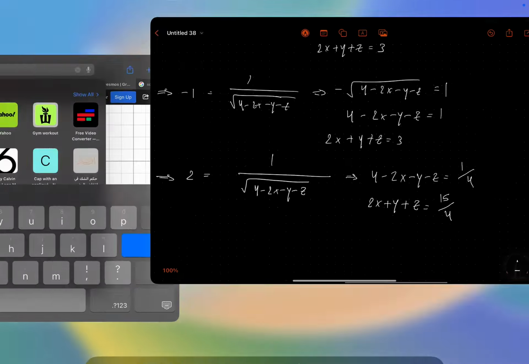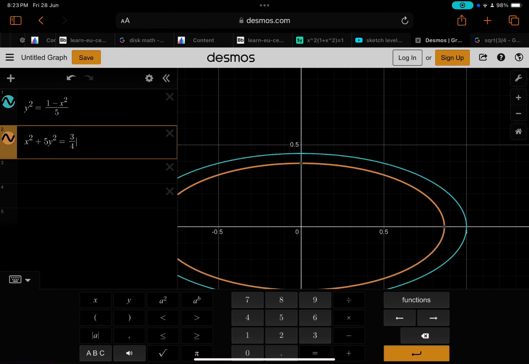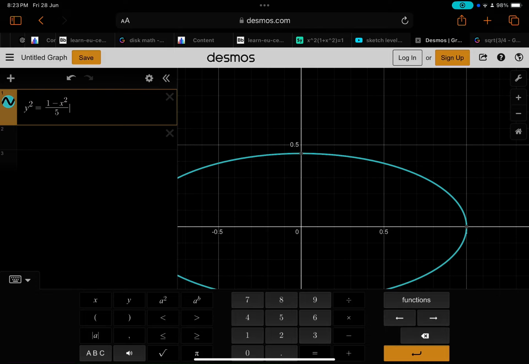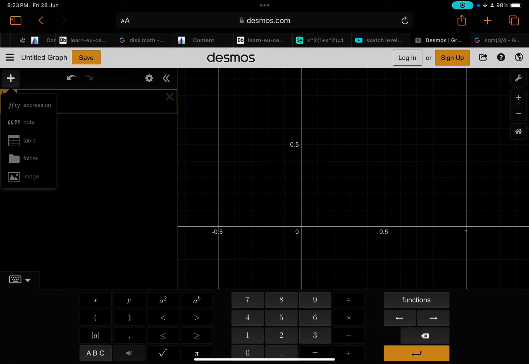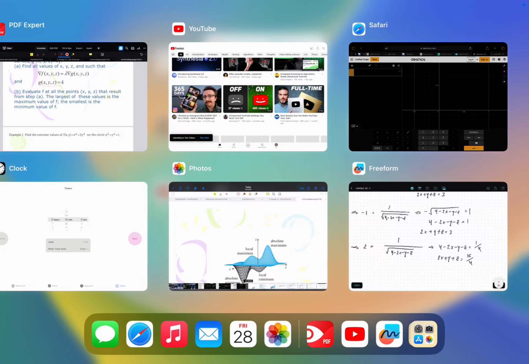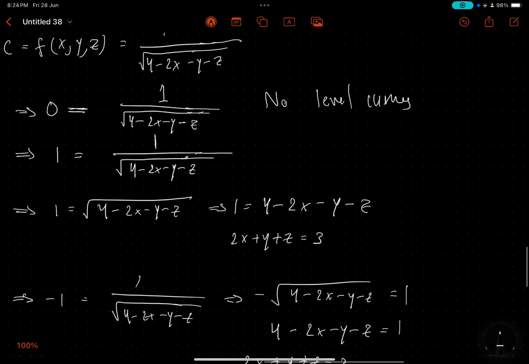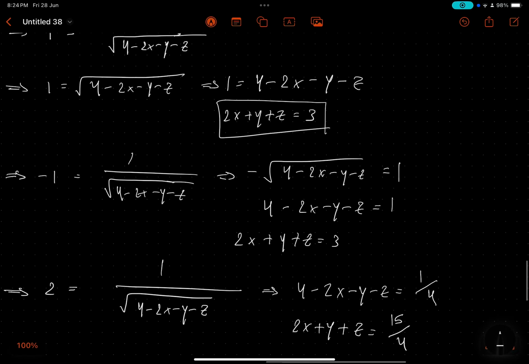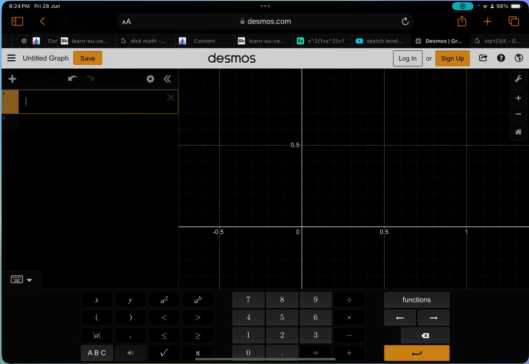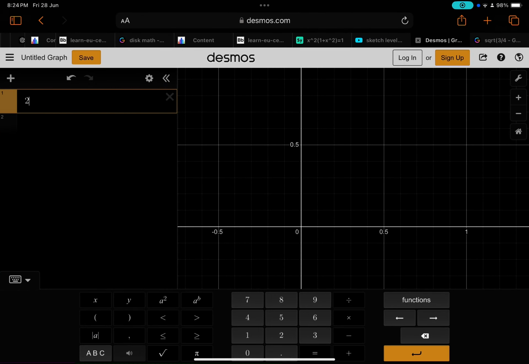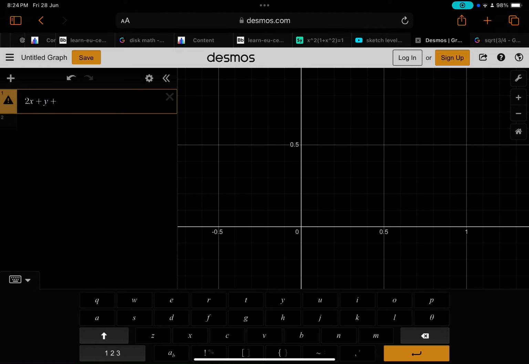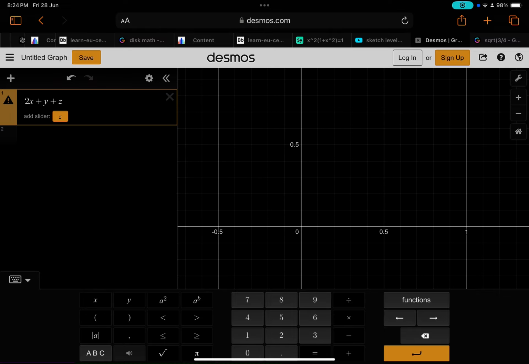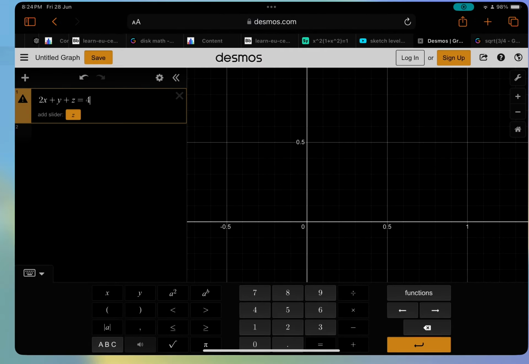Now let's try to sketch this on Desmos. It's going to allow us to sketch three variables or surfaces. So this is our first level curve: 2x plus y plus z equal to 3.